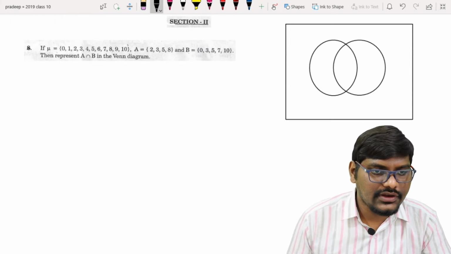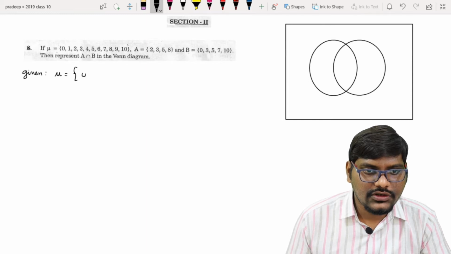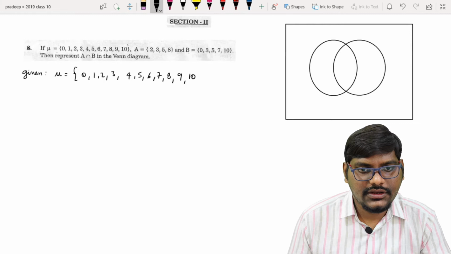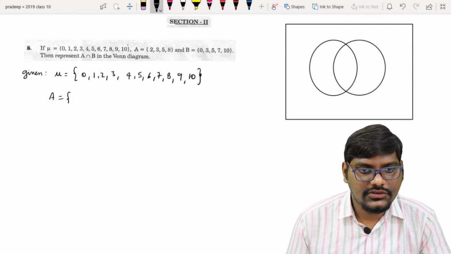Alright, so first we'll write the given part. What is given? Mu equal to 0, 1, 2, 3, 4, 5, 6, 7, 8, 9, 10 is given. Let's write A also. A is 2, 3, 5, 8 is given.